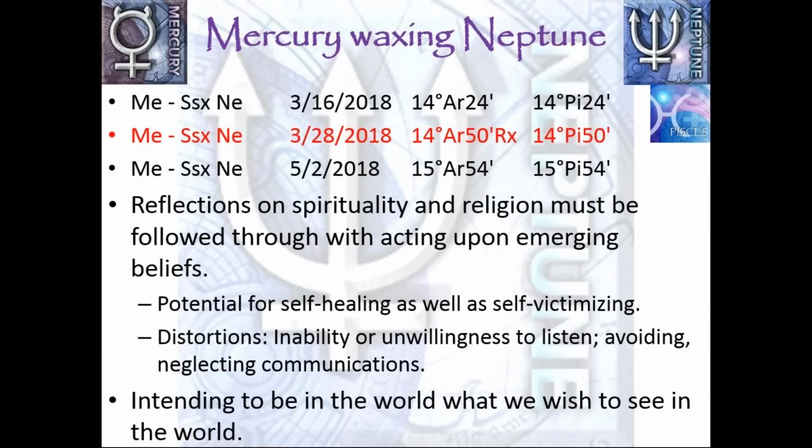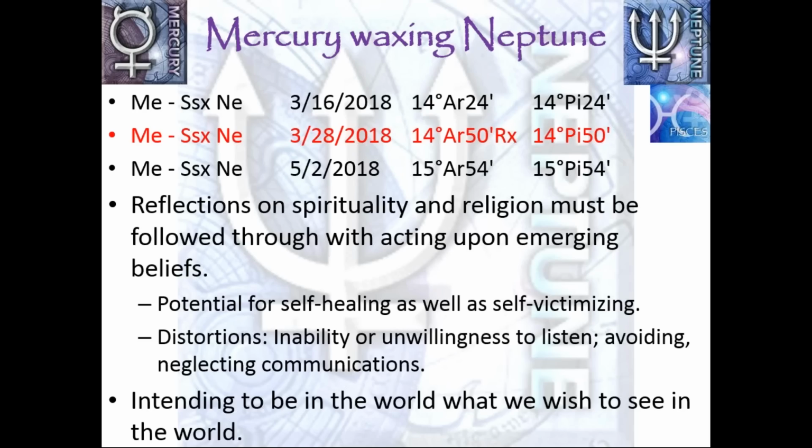Any personal reflections on spirituality and religion, now at the 30-degree mark, beyond, new phase, we've got to learn to act upon our beliefs. Now, Mercury retrograde will still be pondering them. And then as Mercury turns stationary direct and moves forward through the rest of Aries all over again, the month of April, that'll be the time period where we really have to act upon what our deepest beliefs are.